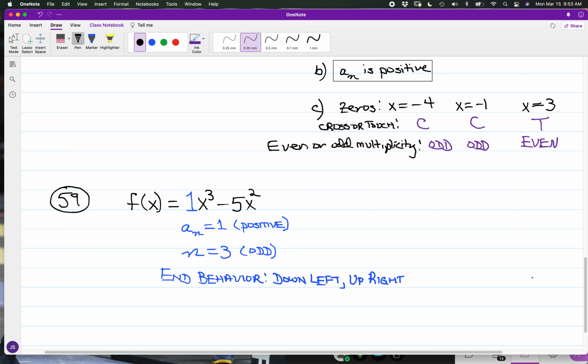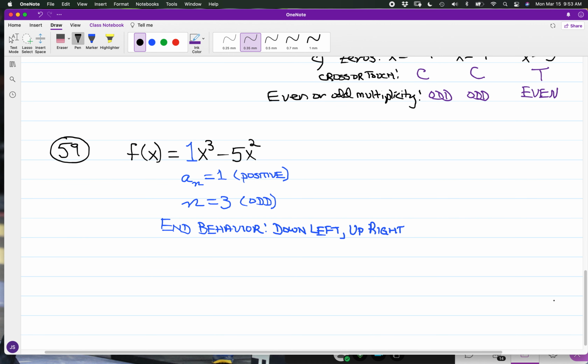All right, now just concerning what we have with the intercepts. Okay, so we have first of all f of x equal to x cubed minus 5x squared.